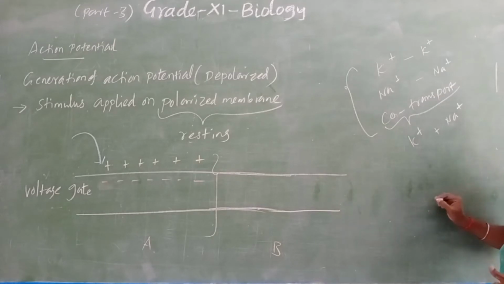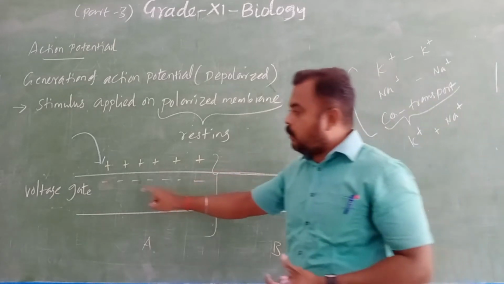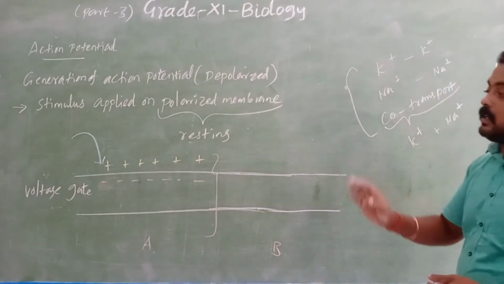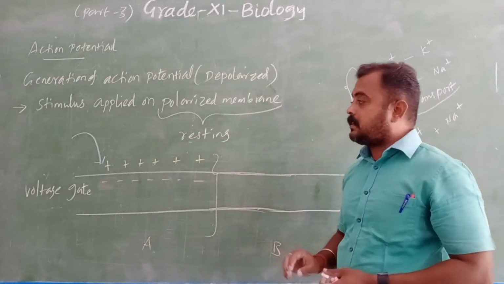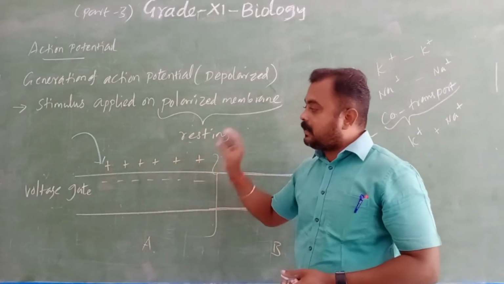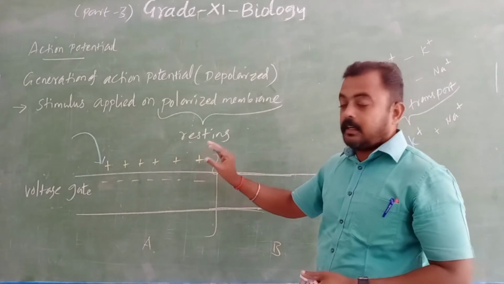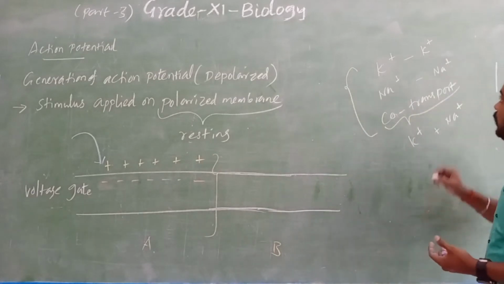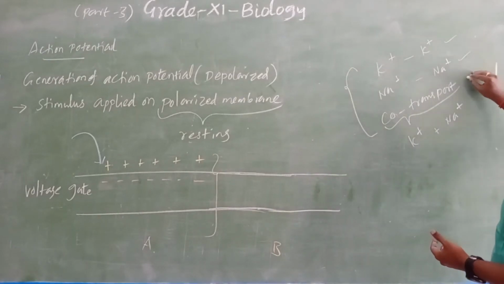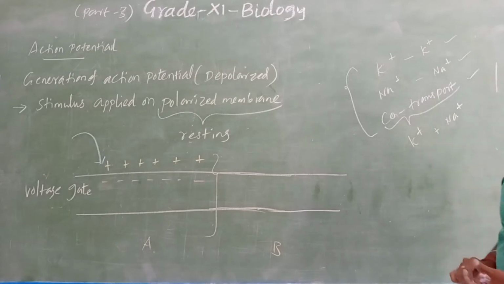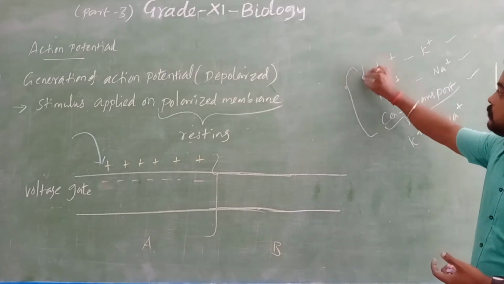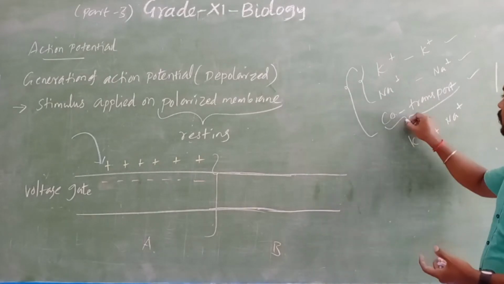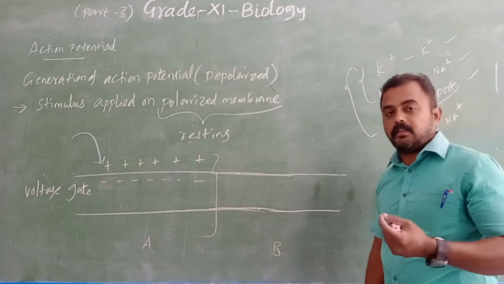Apart from these three, we have voltage gated ion channels, which open when the stimulus is applied. The sodium and potassium channels are passive channels, so we need no energy for these two. But for the co-transport channel we need energy.